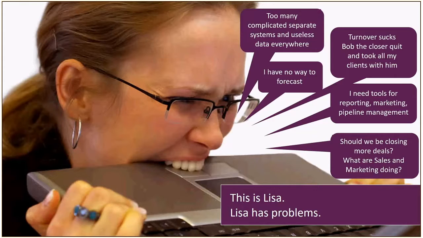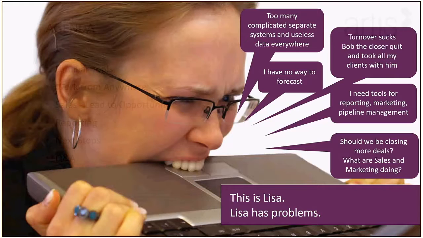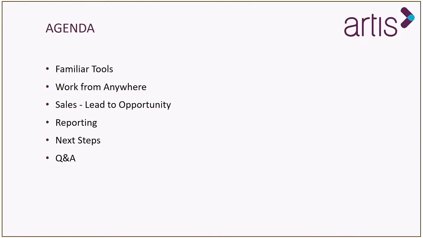So what I'm hoping to do today is show you how with Dynamics 365 you can keep all this centralized and get a better view of what's happening in your company. I'm going to start by showing you how you can use it through familiar tools that we pretty much all use, show you how you can work from anywhere on different devices, then talk very quickly through the lead to opportunity process, and how I believe most businesses should instigate proper process within their sales organization so they can get a better result.